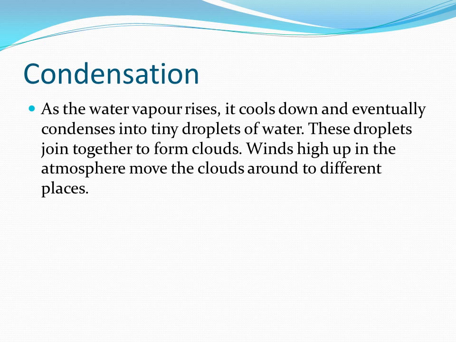The wind high up in the atmosphere moves the clouds around to different places. Did you understand? Once the water vapor rises, it cools down and condenses into tiny droplets, which join together to form clouds. What is wind? Movement of air is called wind. The wind moves the clouds to different places.